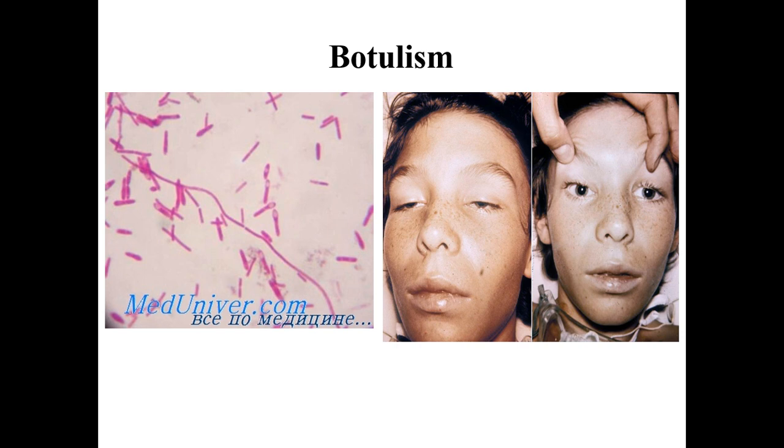Respiratory muscle paralysis may lead to death, and constipation. The types of botulism: foodborne botulism, wound botulism, infant botulism, adult intestinal botulism, and iatrogenic botulism.